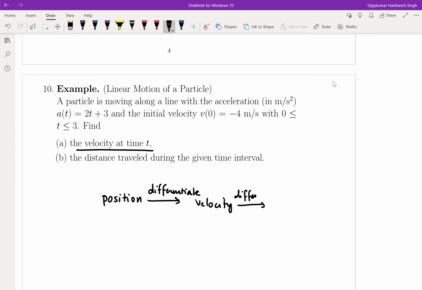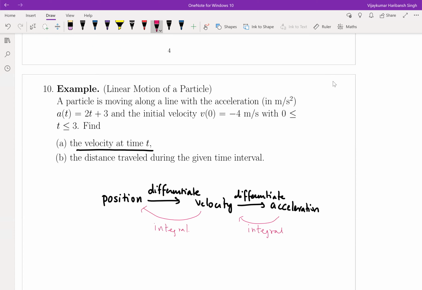Acceleration. And how do you go back? Instead of differentiating, you should take what? The integral. And from here to here, you have the integral.